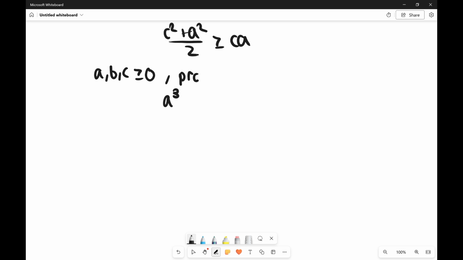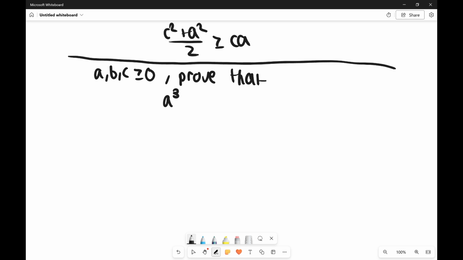So now we must prove that a cubed plus b cubed plus c cubed is greater than or equal to a squared b plus b squared c plus c squared a. And we want to somehow find good motivation for doing so, if AM-GM will suffice.